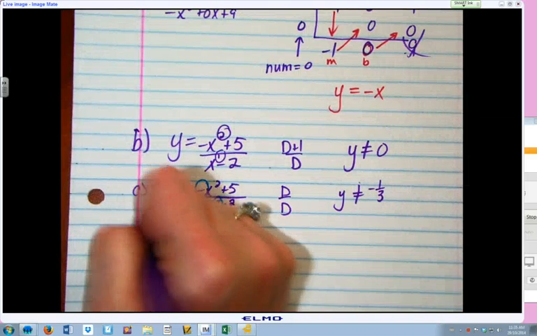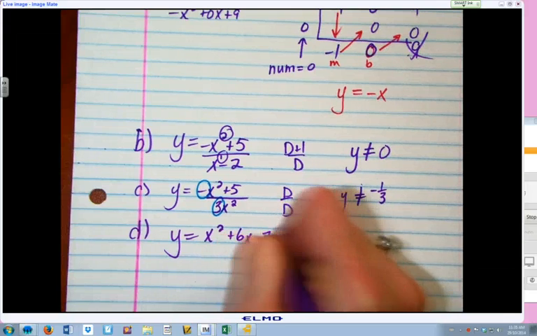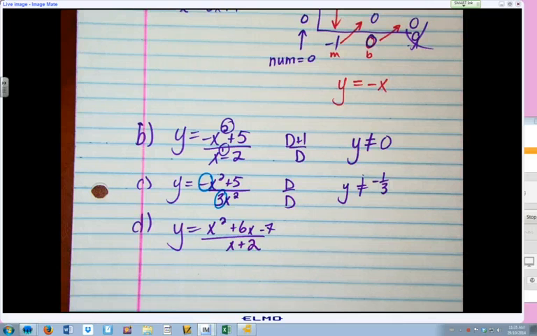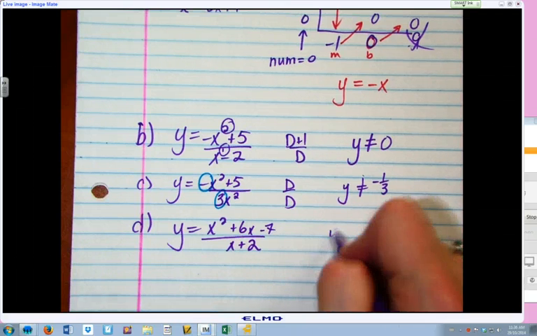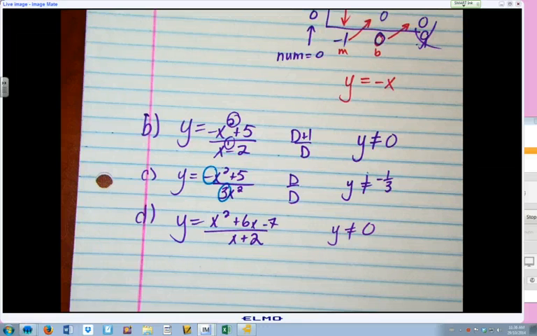Letter D. Degree on the top. Degree on the bottom. Situation. Y does not equal 0. Is it always going to be here? If it's degree plus 1 over degree, always.